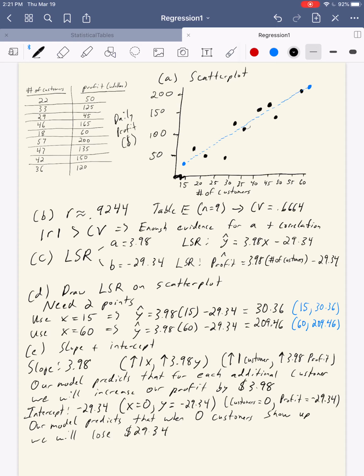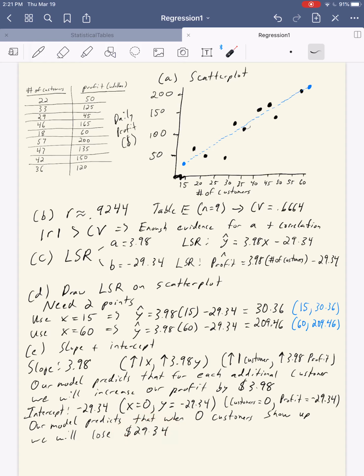And if you think about that in a business sense, this $29.34 is apparently the operating costs that we would have, that even if nobody shows up, we're going to lose. Now that could be paying people or paying for the equipment or the supplies or whatever. But apparently if nobody shows up, according to our data, we're going to lose about $29.34.